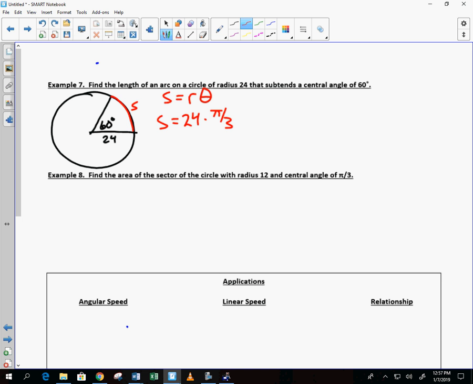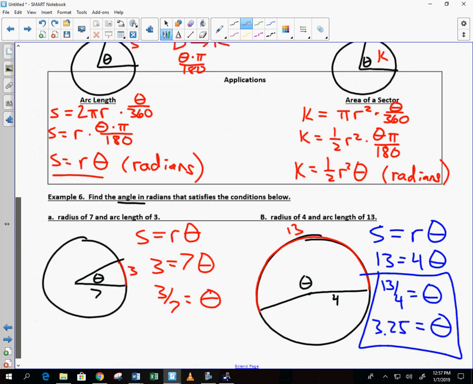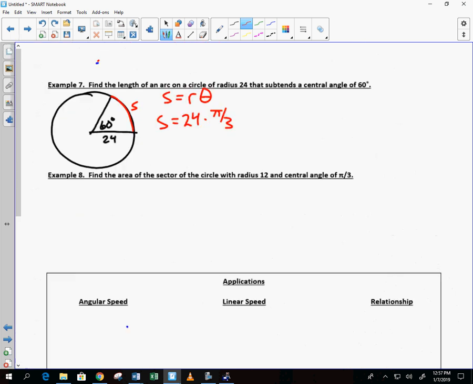If you wanted to use 60, you would have to go back and use this formula instead: 2 pi r times theta over 360. But that formula was bulky and long. It was no big deal to convert 60 to pi over 3, was it? Super easy. Multiply it. 24 times pi over 3 is going to be 8 pi. That's the length of your arc.